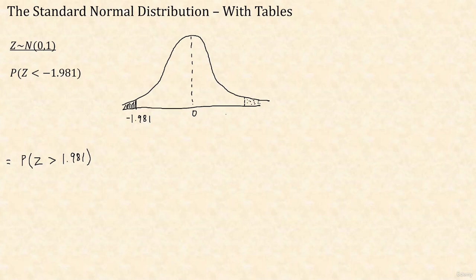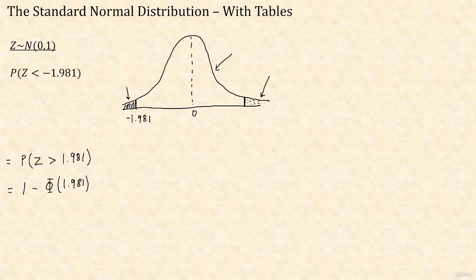And we've just seen how to solve probabilities of z's being greater than something. We do 1 minus the probability of it being less than something. So this is going to be the same as 1 minus the probability of z being less than 1.981, which is phi of 1.981. So in effect we're working out the area being less than this point, doing 1 minus that, that's giving us this region, which is the same as this region.